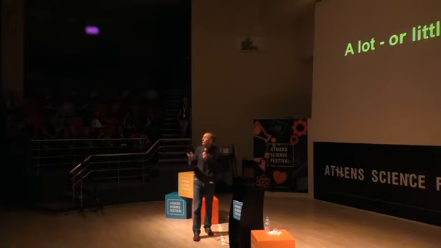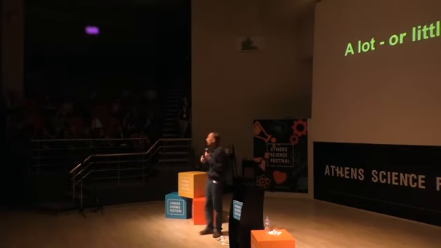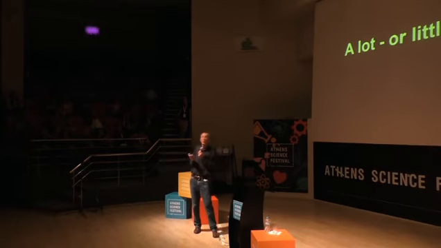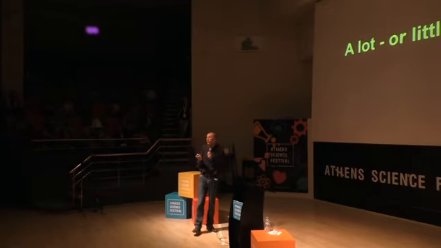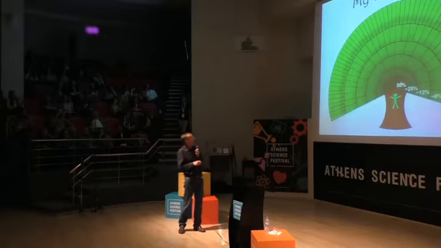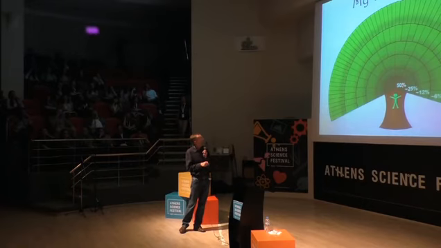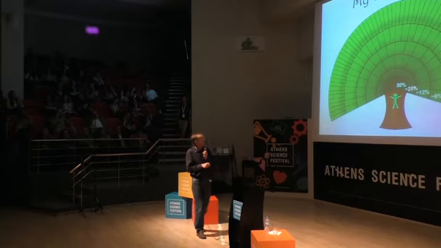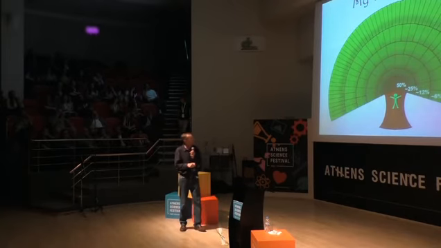So you may then ask, is that a lot or is it a little? It's sort of a funny question, but one perspective is to think about your own family tree. Say this is you. You have 50% of your DNA from your mother and father, about 25% from your grandparents, then 12, 6, and 3.